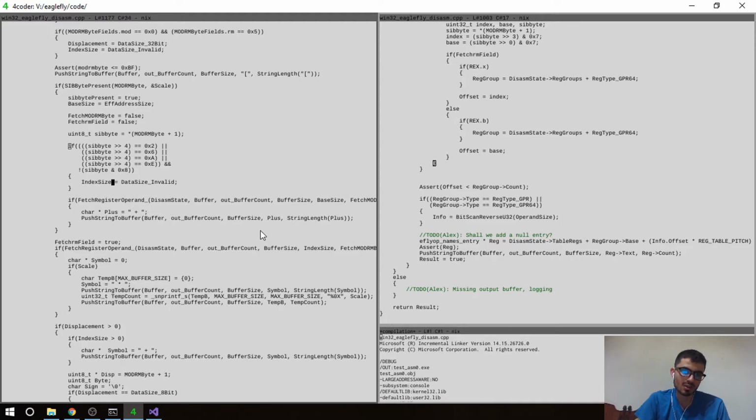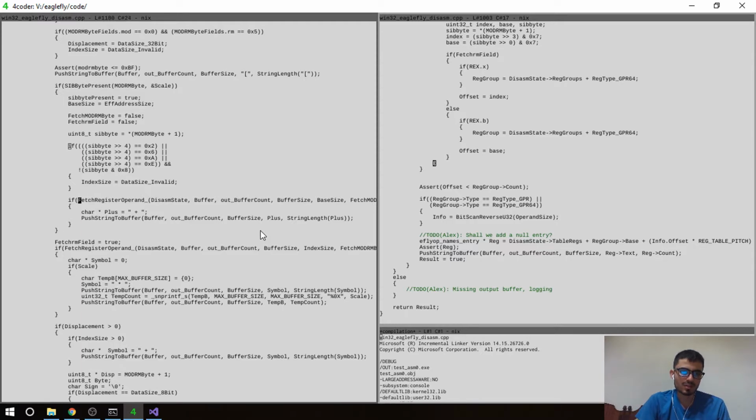It's just like saying, if we happen to find something like this, we don't need to go fetching the register operand or anything like that. Push string to buffer. That's it.